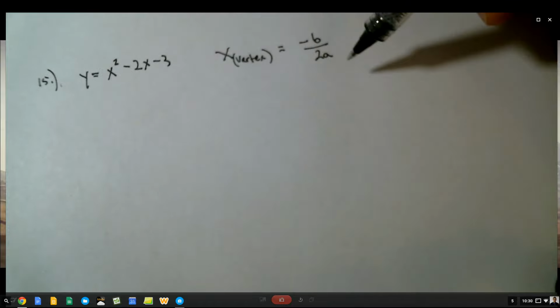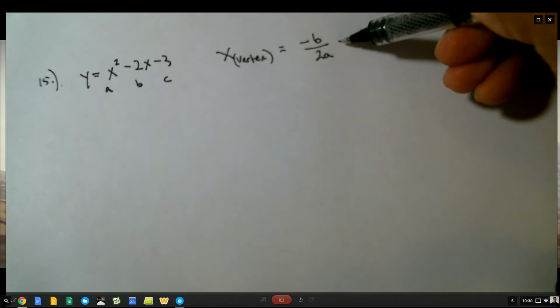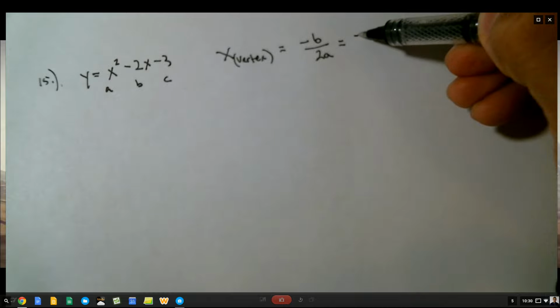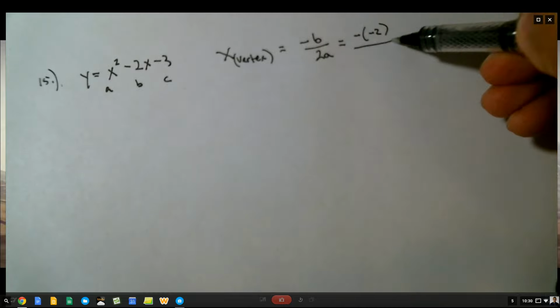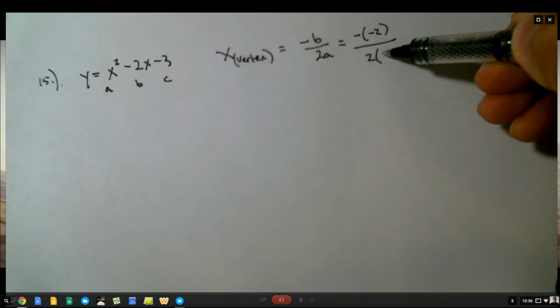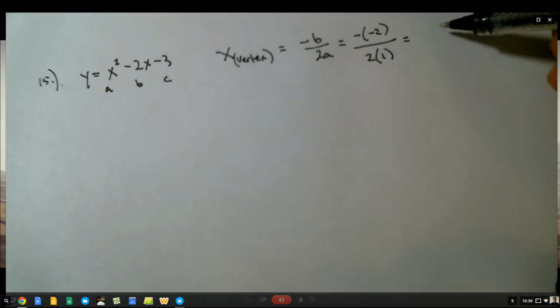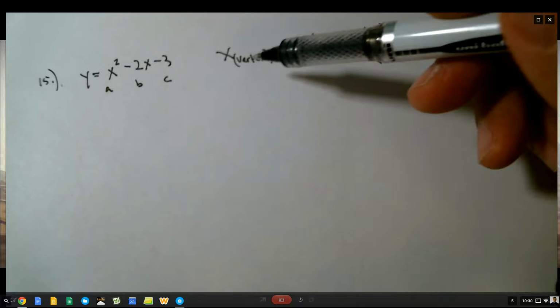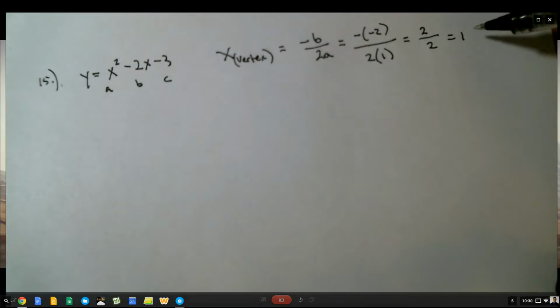What is b and a? Well, we know this is the a value, b value, and the c value. So negative b over 2a is equal to negative negative 2 all over 2 times 1, and that is positive 2 over 2. The x portion of the vertex is 1. The x coordinate of the vertex is 1.